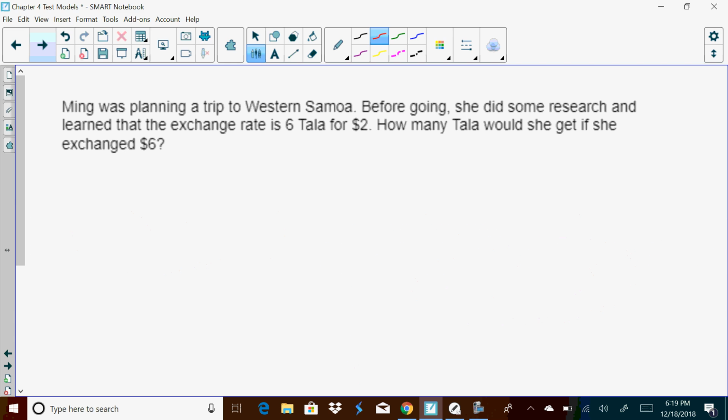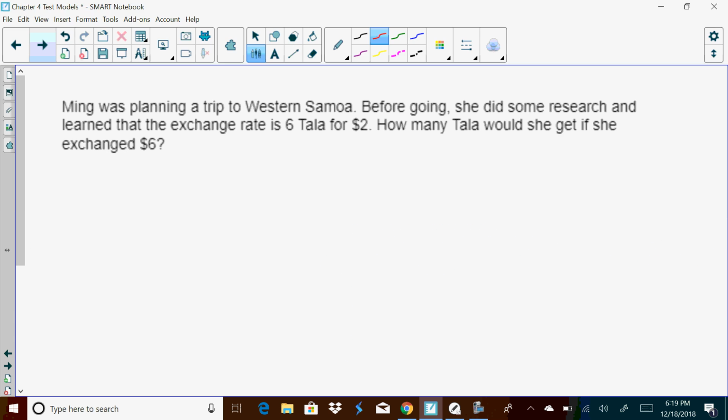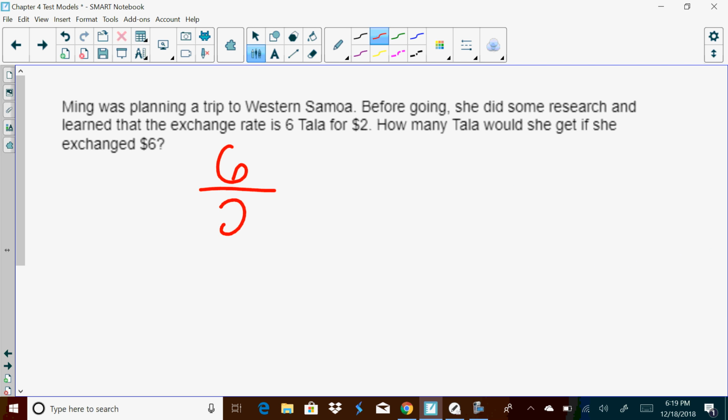Next problems are on proportional reasoning. So it says Ming was planning a trip to Western Samoa. Before going, she did some research and learned that the exchange rate is 6 tala for $2. How many tala would she get if she exchanged $6? So I know it's 6 for $2 equals, I want to know how many tala, so that's going to be where my x goes, $6, and then I cross multiply.